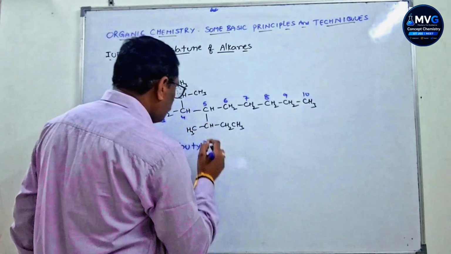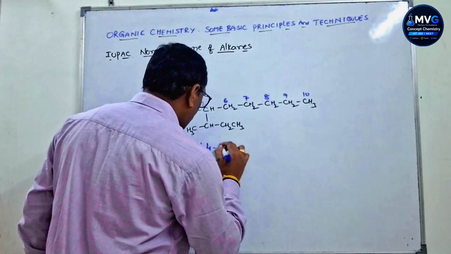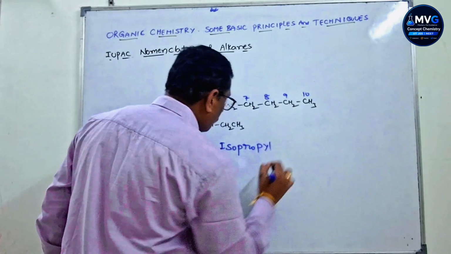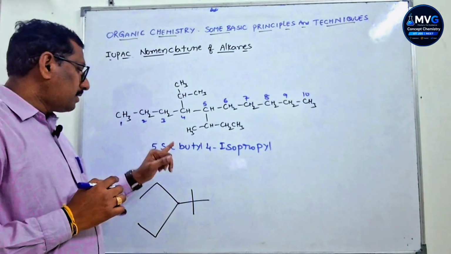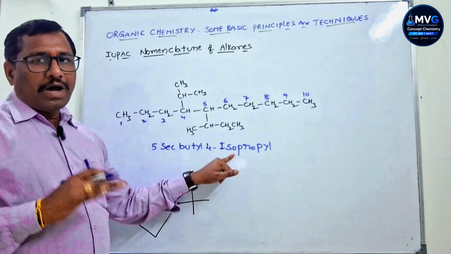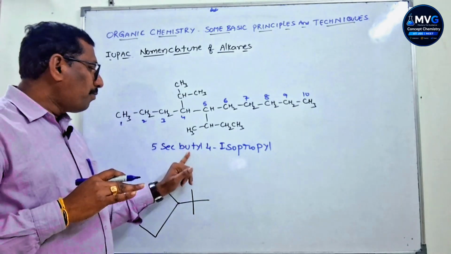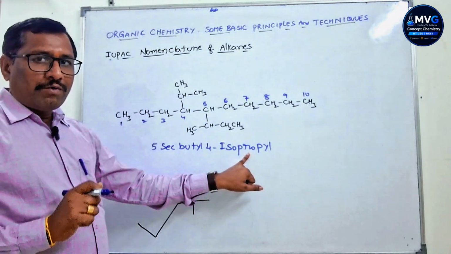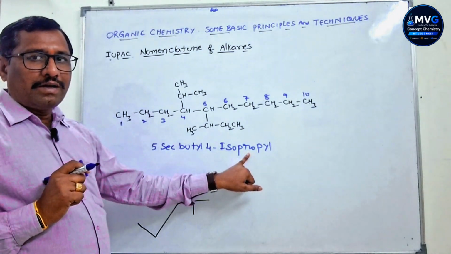Now here fourth position isopropyl. Here I told you secondary and iso are not given alphabetical priority. Butyl and propyl are the compounds; to them only we give the alphabetical order.